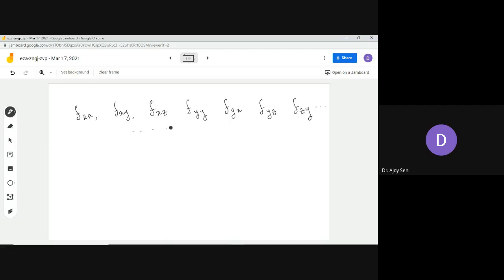Lots of possibilities are there. These things can happen. If fzz will be there, if fzx will be there, and fyz will be there. So these are the possibilities you have for second order partial derivatives.